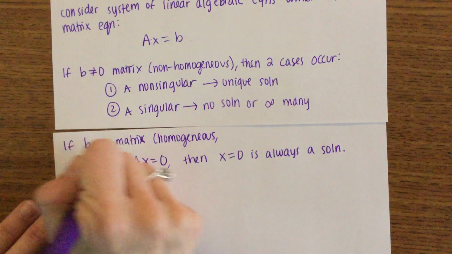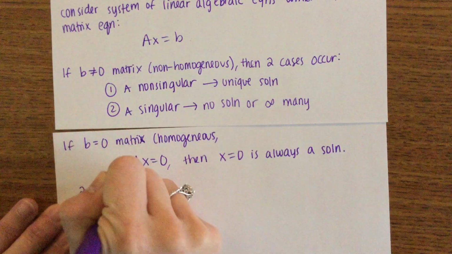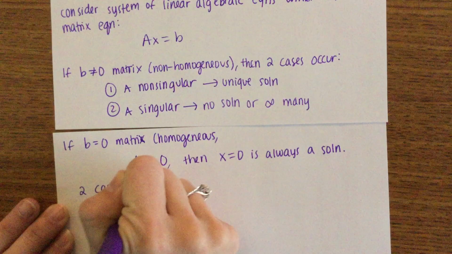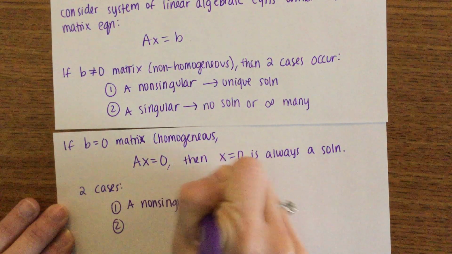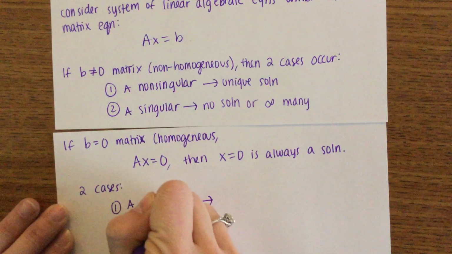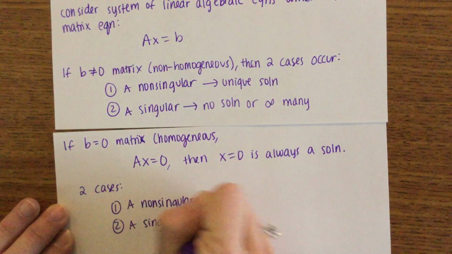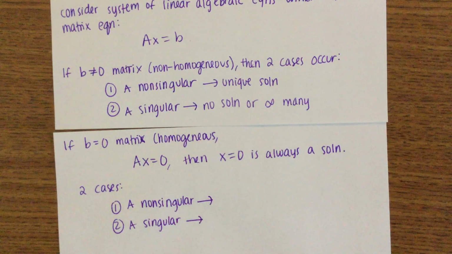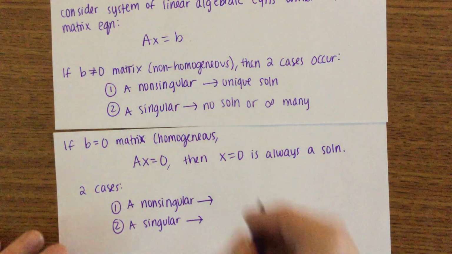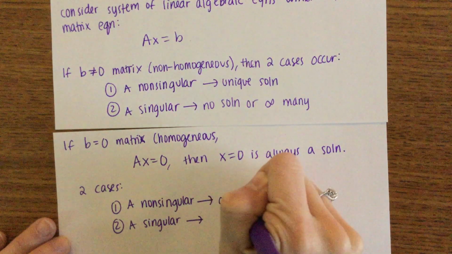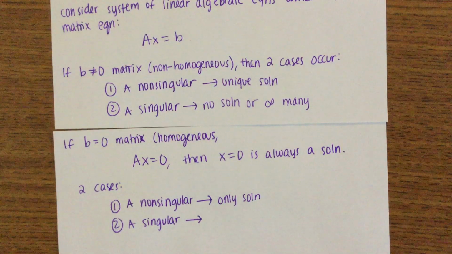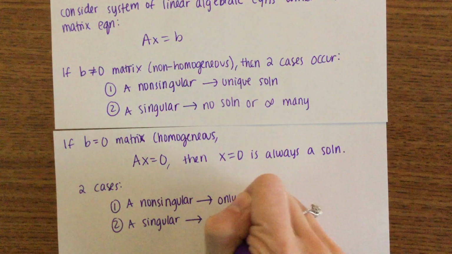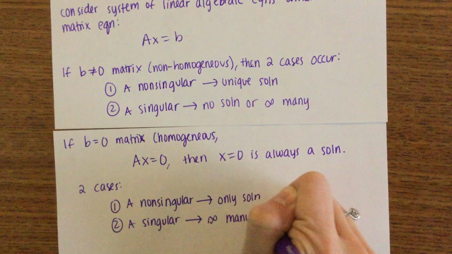That's the trivial solution. So again, two other cases arise. Either A is non-singular or A is singular. If A is non-singular, this is the only solution. If A is singular, there are infinitely many solutions.